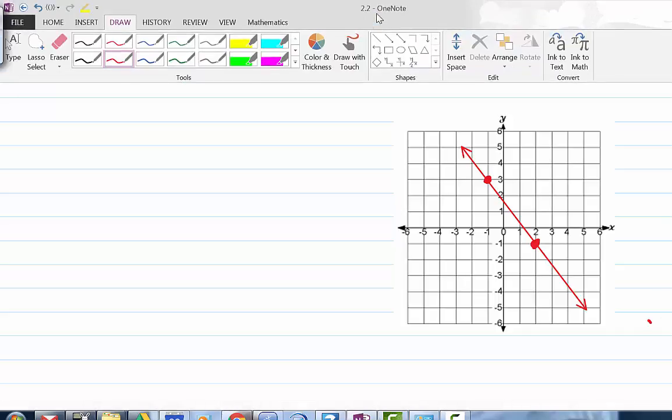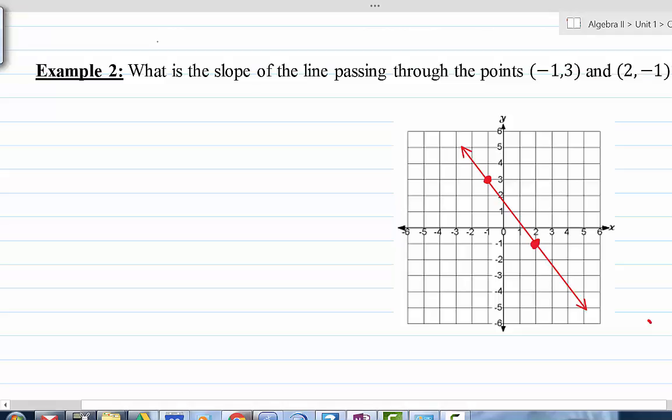So really how we can find this just by looking at the graph is how much are you rising, how much are you running. Now, since this line is falling from left to right, this has a negative slope. In other words, it's going downhill, going from left to right, right?